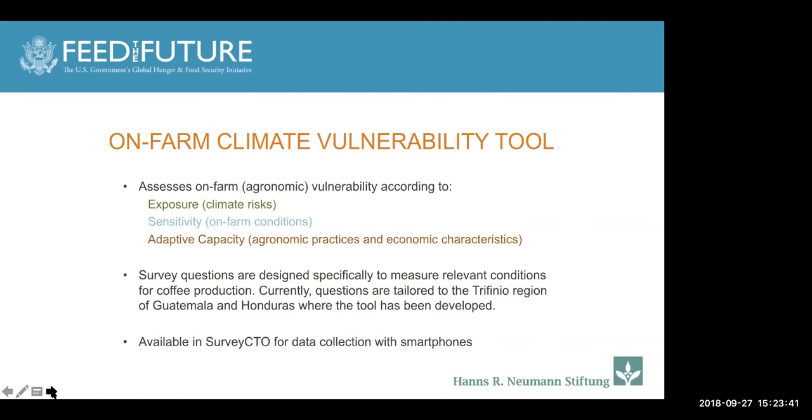The current indicators that we are measuring are adapted to the conditions from Guatemala and Honduras, but I think that in essence, it has many conditions that can be applied in other regions, and the tool can be adapted to different conditions.